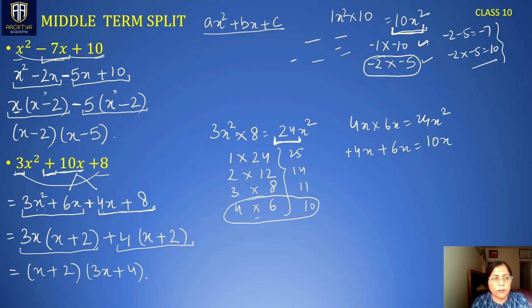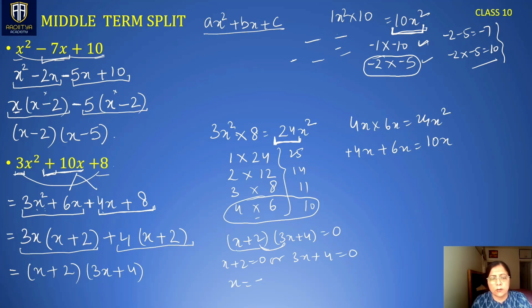See, when we have to find zeros of these polynomials, we have to equate them to zero. For this expression, if we have to find the zeros, I write x plus 2 and 3x plus 4 is equal to 0. Since the product of two numbers is 0, either x plus 2 is equal to 0 or 3x plus 4 is equal to 0.